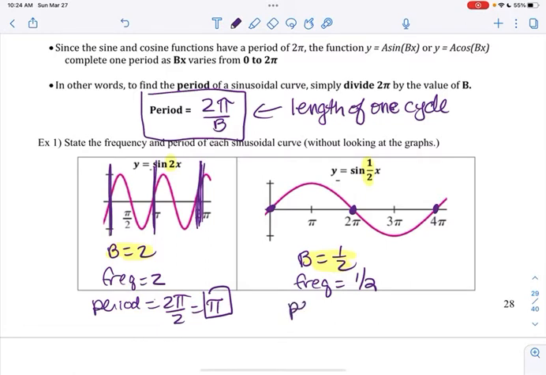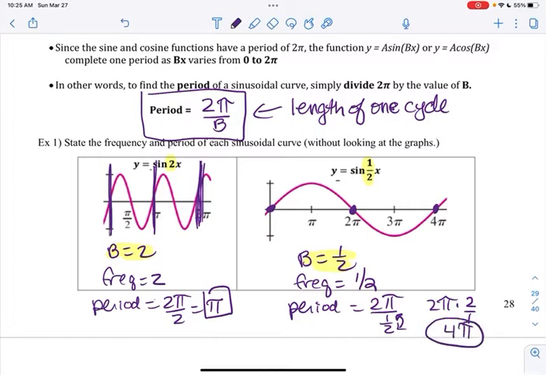Well, that number is going to come from the period. Remember, the period is 2 pi divided by b, and 2 pi divided by 1/2. Remember, I have to flip this when I'm dividing by a fraction. I change to multiplication and flip that second fraction. So my period is actually 4 pi. So the period is how long it takes to have one complete cycle.